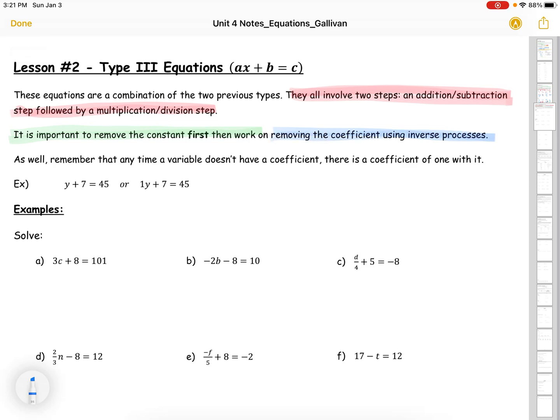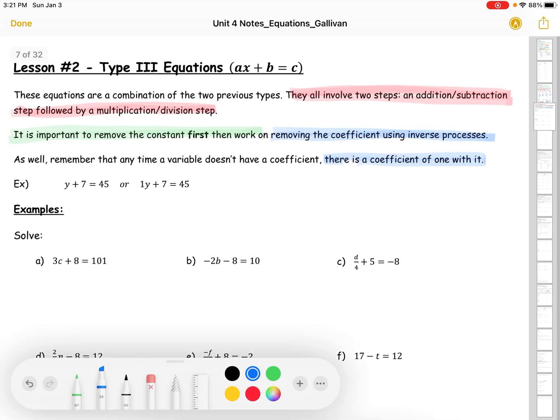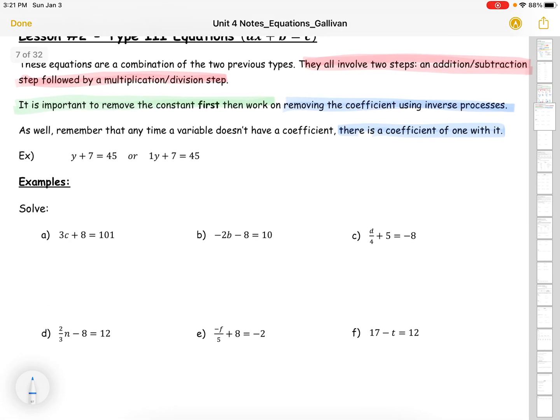As well, if it doesn't have a coefficient, it has a coefficient of 1, okay? And really that's going to matter most when we're dealing with a negative one, but it's important for us to remember that. So as I've said, we're going to remove the constant first, so doing the opposite of the adding, subtracting operation, and then doing the multiplication and division.